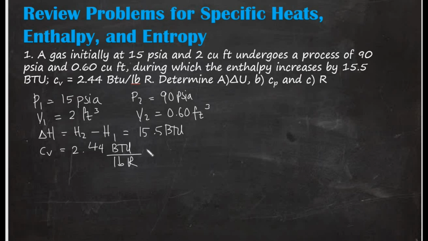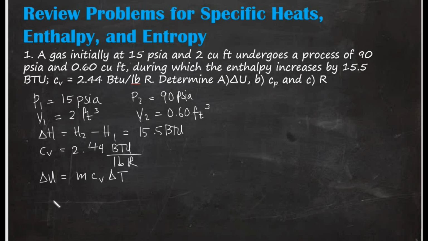For delta U, the common formula is M C sub V delta T, but we cannot use it right now because we don't have the given temperatures T2 and T1.